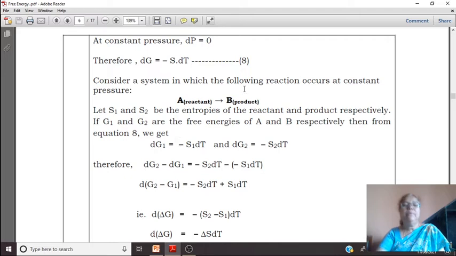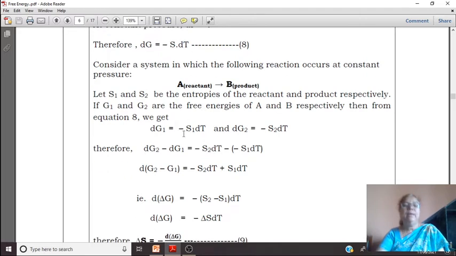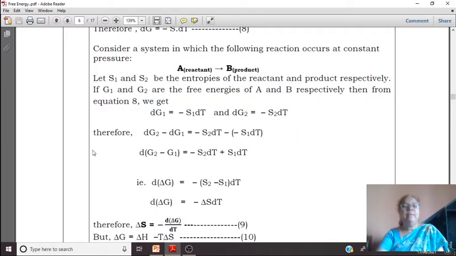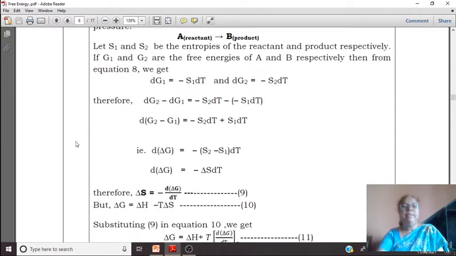Then from equation number 8 we can write dG1 equal to minus S1 dT and dG2 equal to minus S2 dT. Therefore, dG2 minus dG1 is equal to minus S2 dT plus S1 dT.